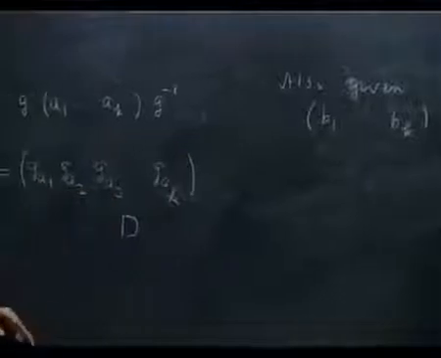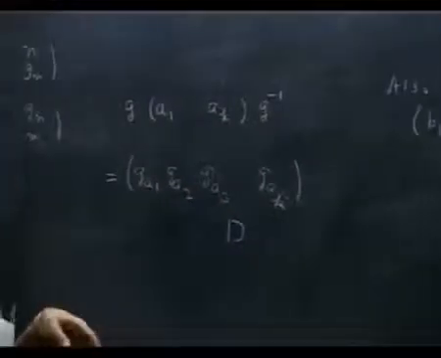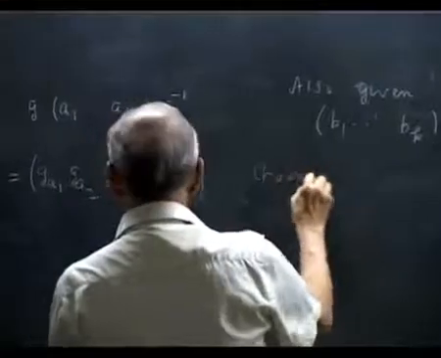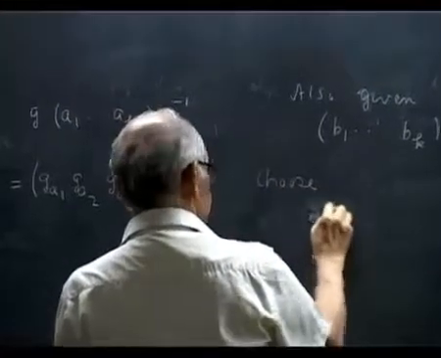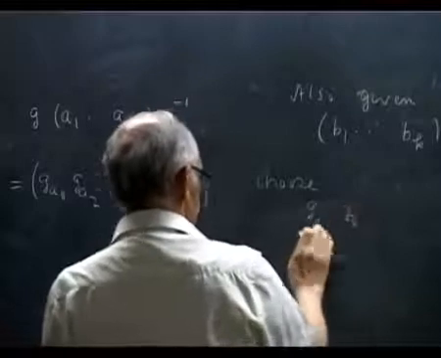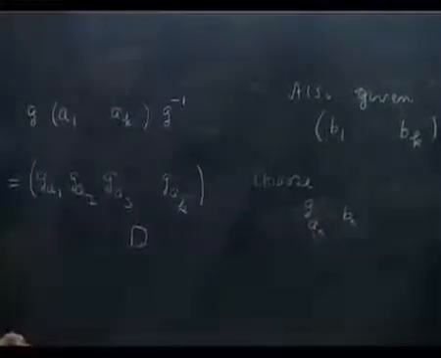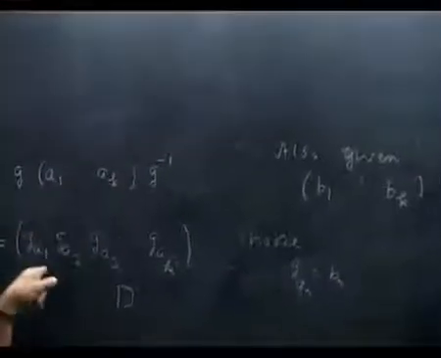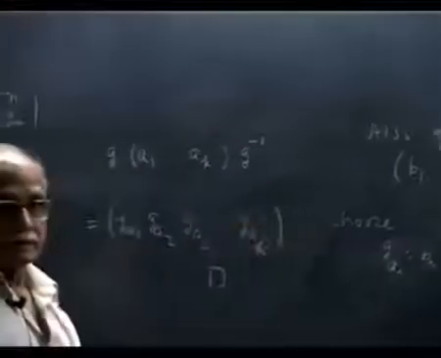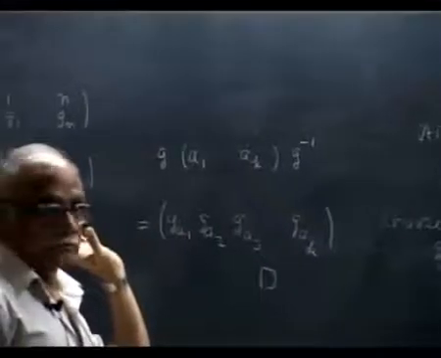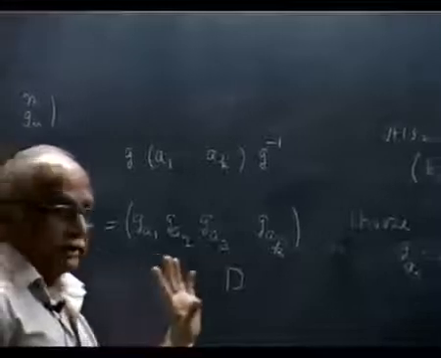Just choose G A_i equal to B_i, so this will go into that cycle. The remaining things do not matter because they will get cancelled out on the other side.